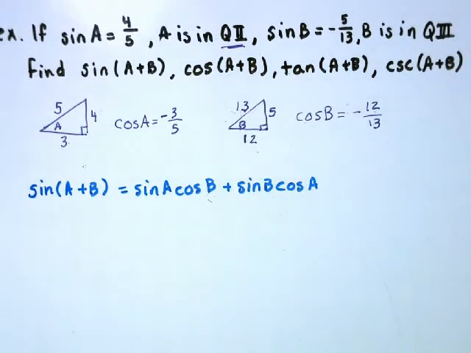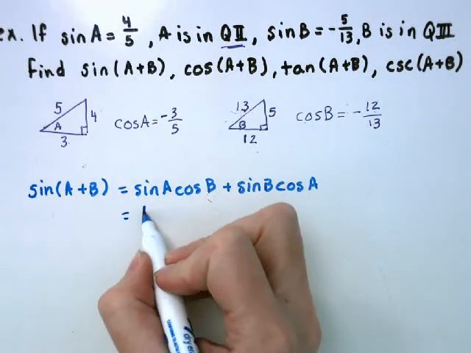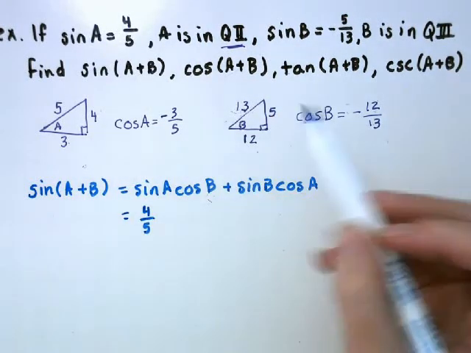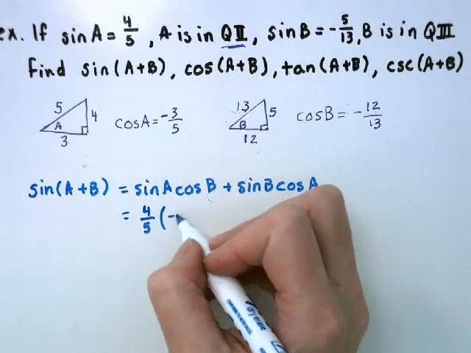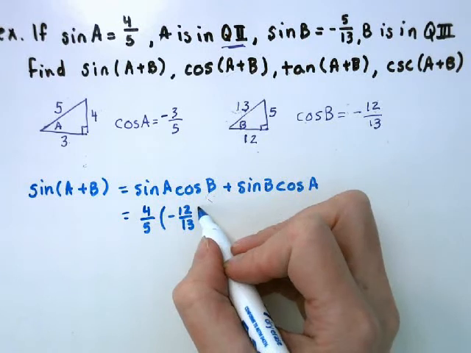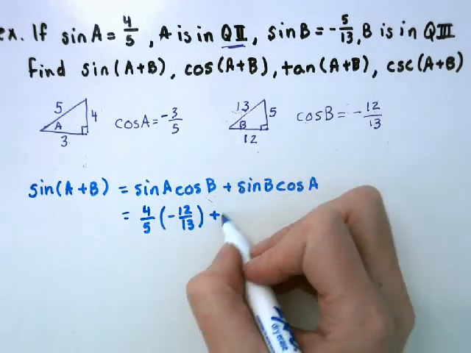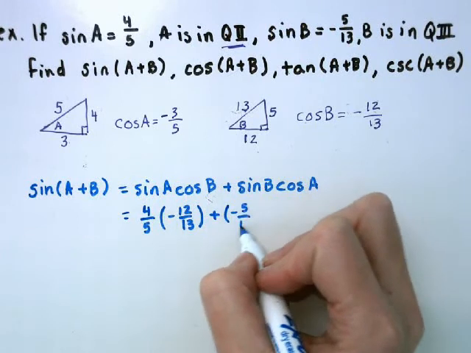So now I can substitute in my specific values. Sine of A is equal to 4/5. Cosine of B is equal to negative 12/13. Sine of B, we were given, is negative 5/13.